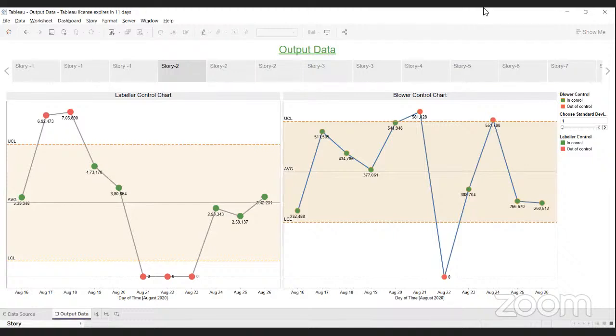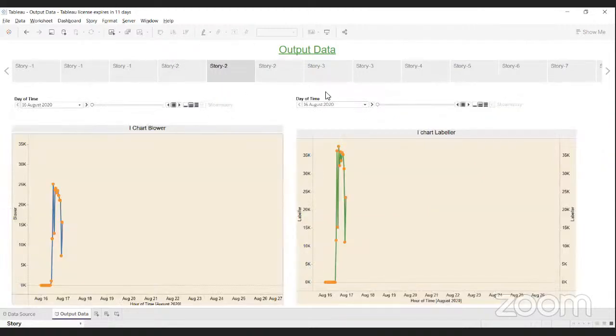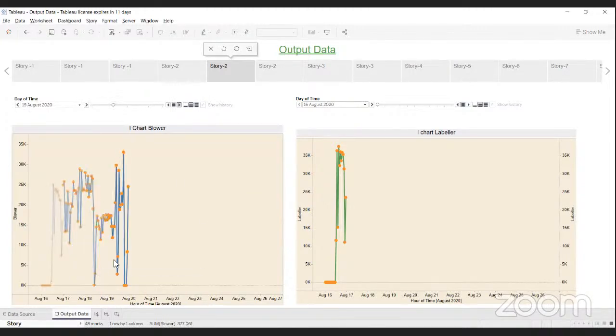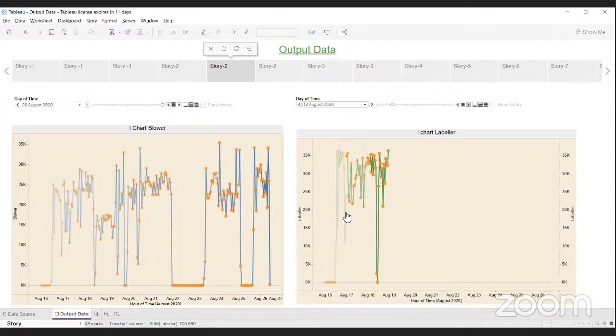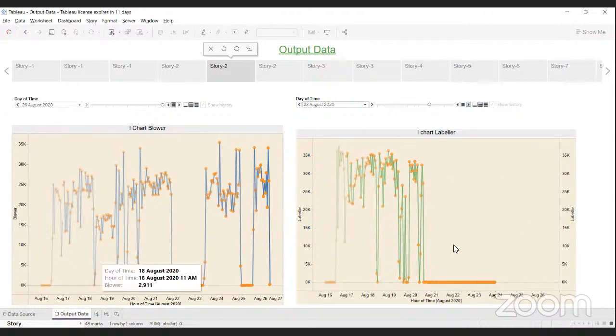Right, and then this is an animated view of output data performance. I'm just going to show this for you. So we are looking at the performance of the blower. And here we can see the performance of the labeler. And we can understand the same thing as with input data.